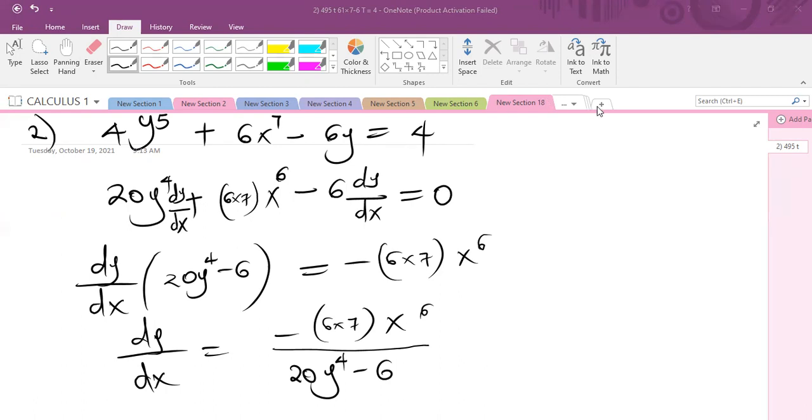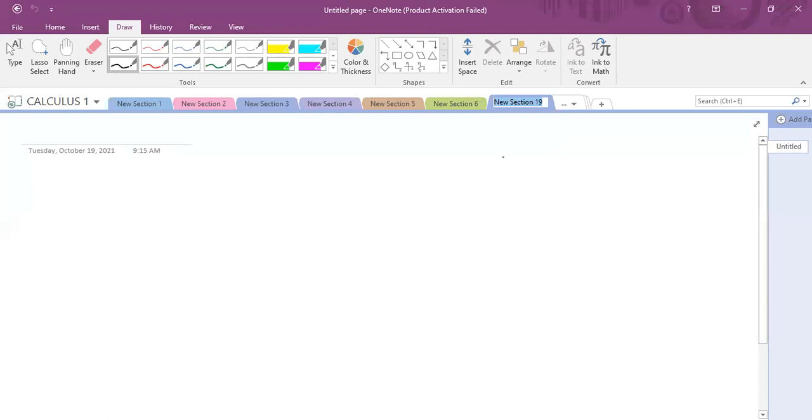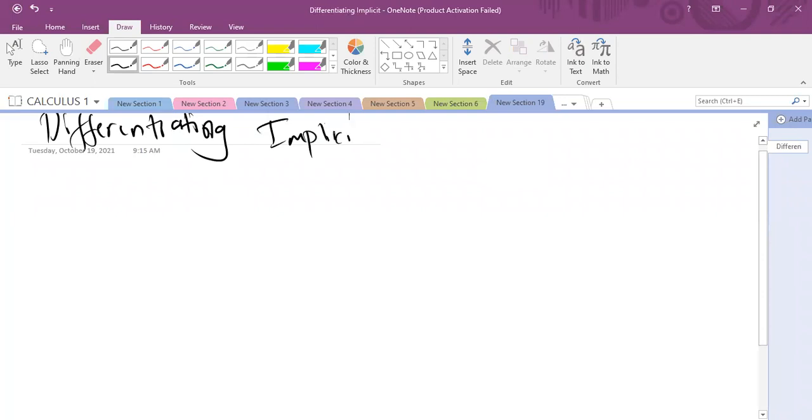Now, I want to go on to the next session. What if you're given functions containing products or quotients? How do you go about differentiating implicit functions that contain products or quotients? So let's write: differentiating implicit functions containing products and quotients.